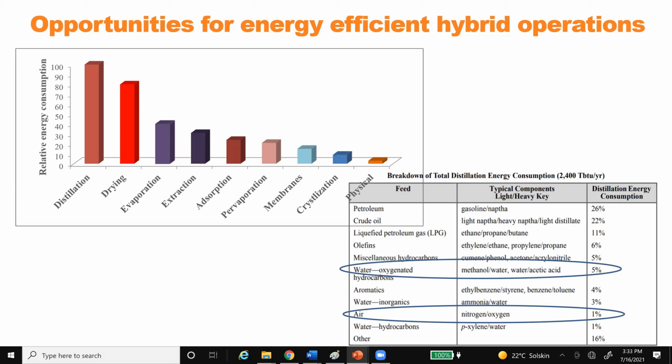So if we want to really make a difference, we have to see how to reduce the energy consumption for the hydrocarbon columns, rather than doing azeotropic separation with solvents or even without solvents, because they will not change the carbon footprint that much, as the volume is much lower.